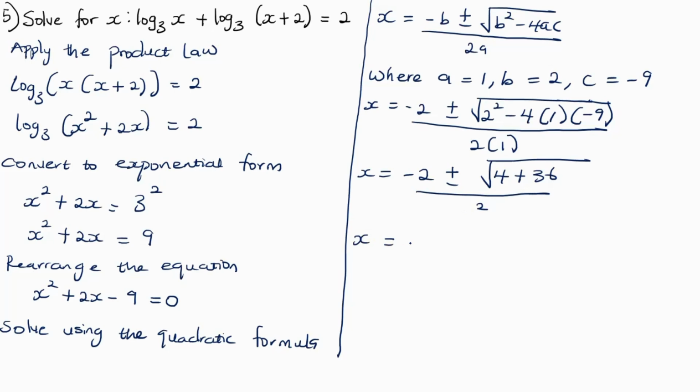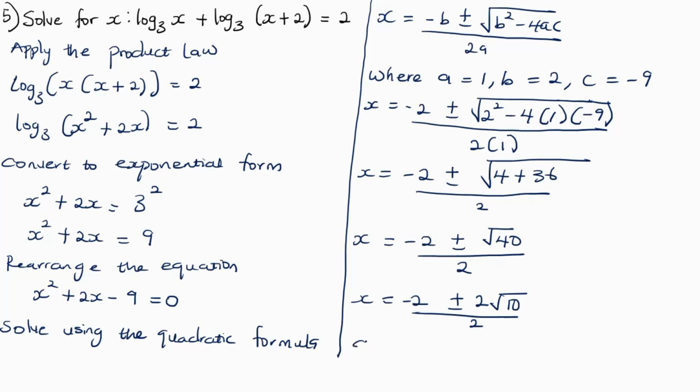So x is equal to minus 2 plus or minus the root of 4 plus 36, which gives us 40, over 2. Now the root of 40 is going to give us minus 2 plus or minus 2 root 10 over 2.